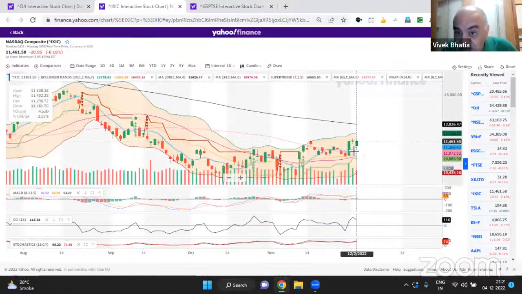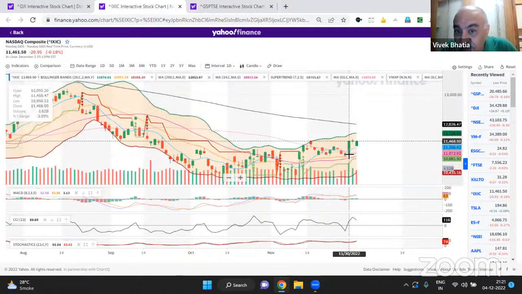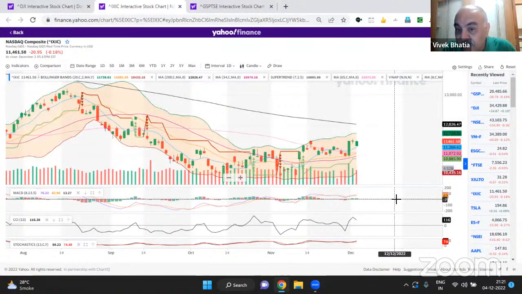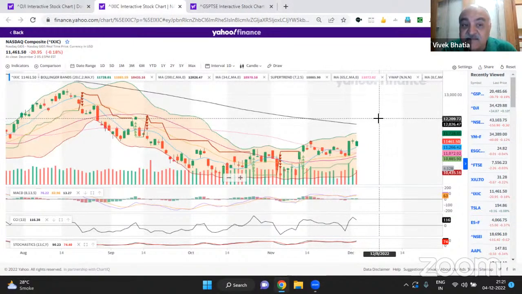The important thing is 8 is on top, then 20, about to cross 65, which is again a very, very strong indicator, and 34 right below it. Right? So that is the way it's going to be, and that is the way we are going to look at the levels. So 12,200 before Christmas should be touched.